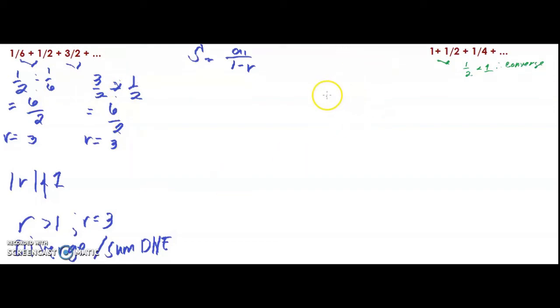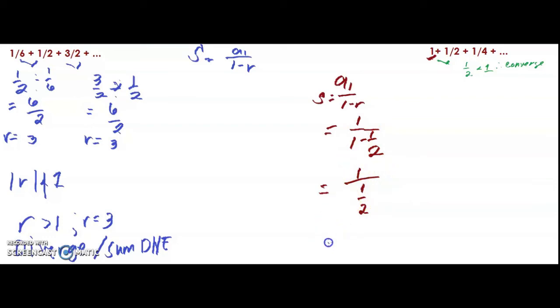The formula for the sum is equal to the first term over 1 minus r. The value of our first term is 1, over 1 minus the common ratio 1/2, right? So we have 1 over 1 minus 1/2, which is equal to 1/2, correct? Of course, the whole, minus half, leaves a half.